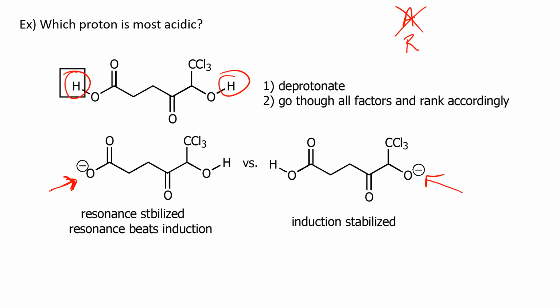Let's move to resonance. So the following compound is resonance stabilized because we have an allylic lone pair. There's no resonance on the one on the right. However, the one on the right does have induction. And there is no induction here.